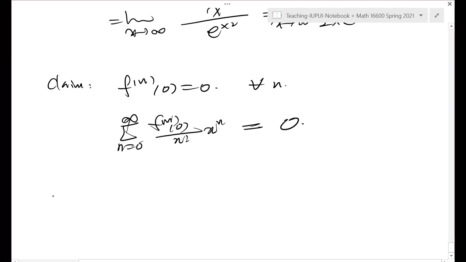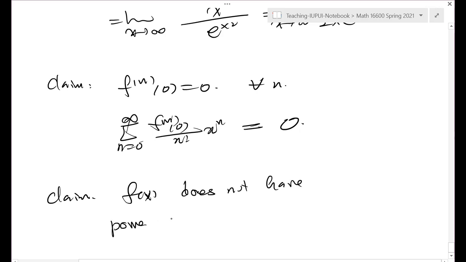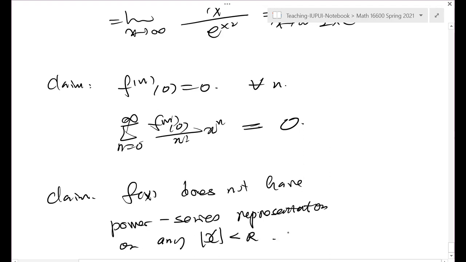So if this claim is true, then I claim that this function does not have a power series representation on any non-trivial interval, any interval where absolute x is less than r, where r is positive.